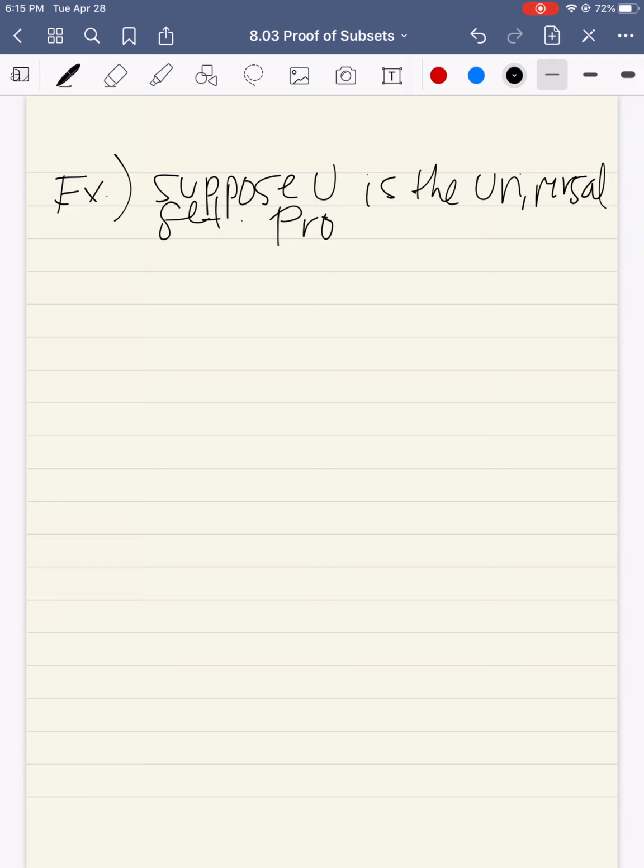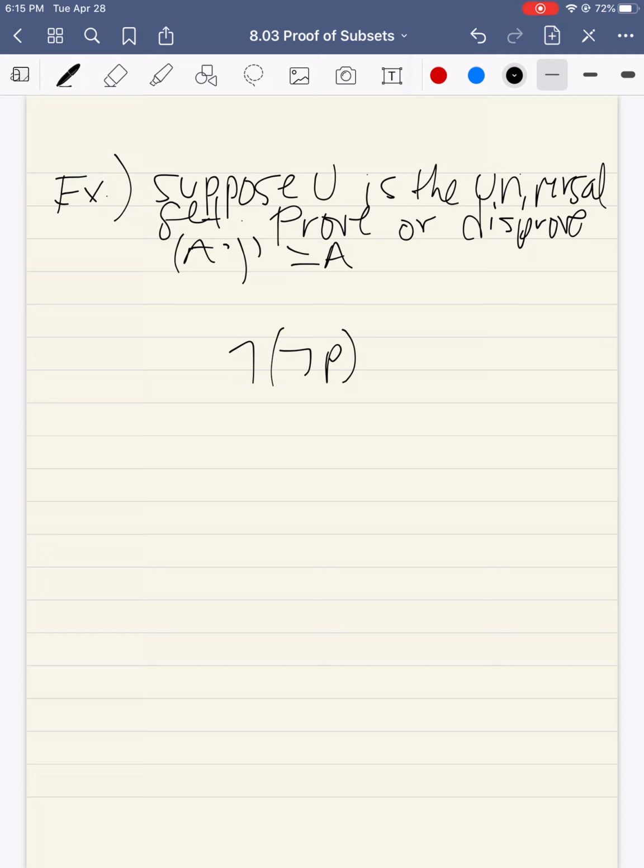We want to prove or disprove A complement complement is equal to A. So if you think about this in terms of logic, we show that the negation of the negation of P is logically equivalent to P. So this is a similar thought.